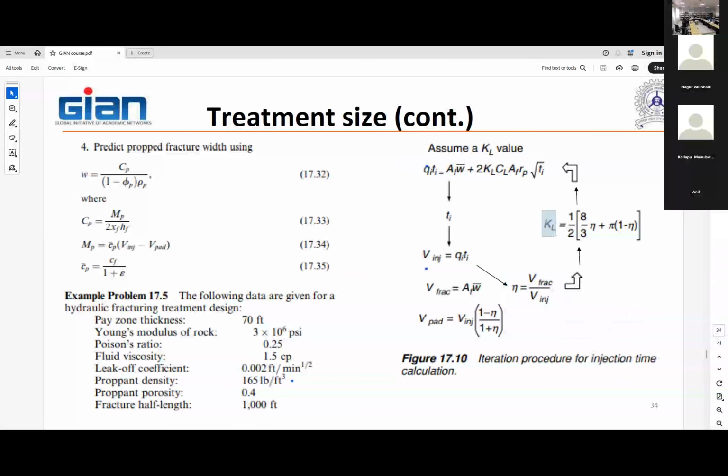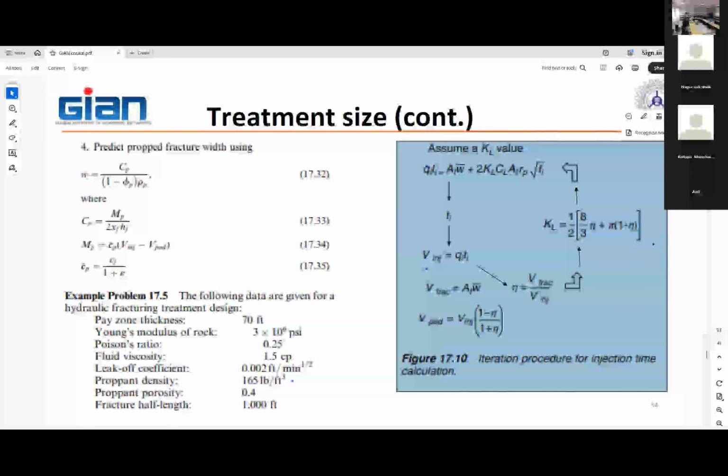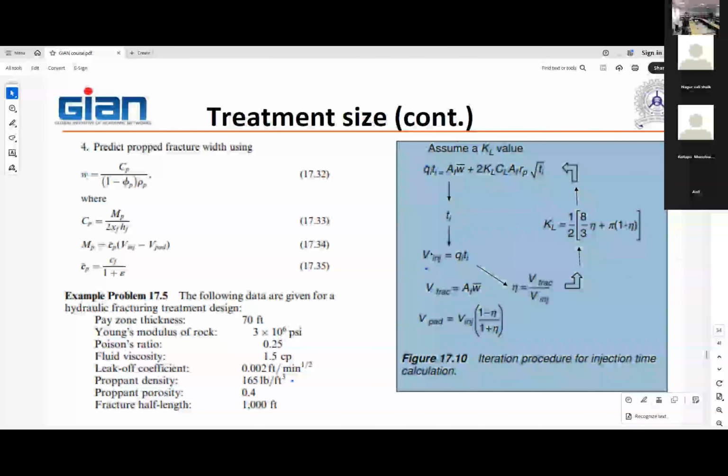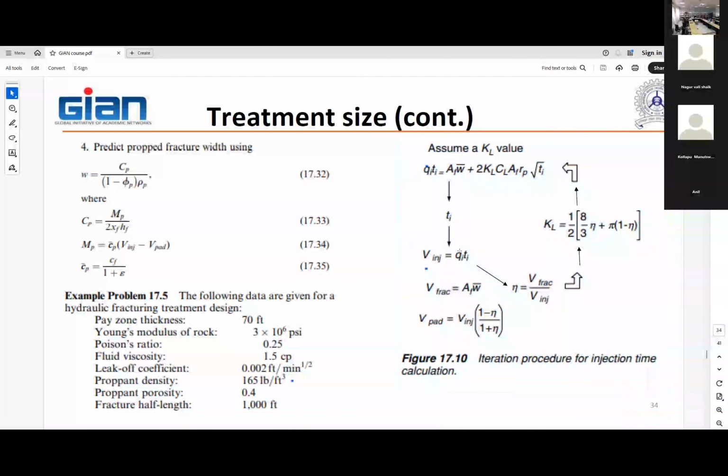From eta, calculate your KL. And now if this KL is similar to the assumed KL, then you are okay. Otherwise, keep repeating this in a loop until you get the KL values very close to each other. Once those are very close, then all your calculations are correct, like eta, V injection, injection time, all of those are correct.